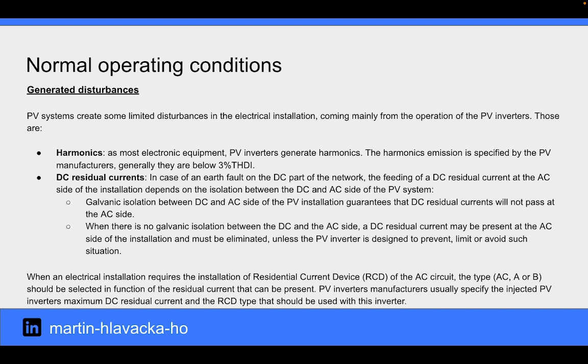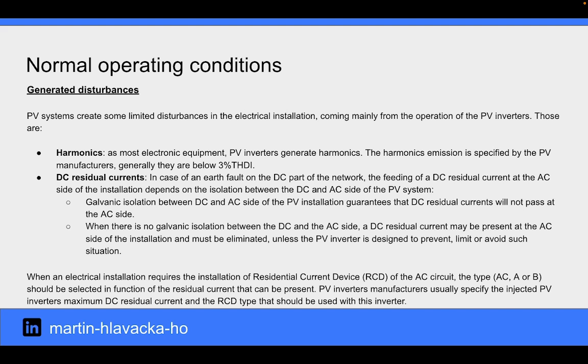When there is no galvanic isolation between the DC and the AC side, the DC residual current may be present at the AC side of the installation and must be eliminated unless the PV inverter is designed to prevent, limit, or avoid such a situation.